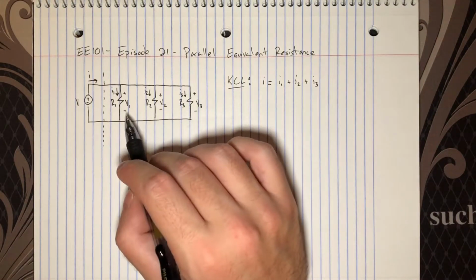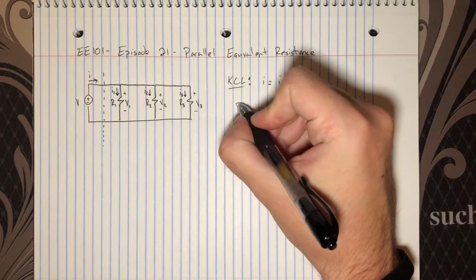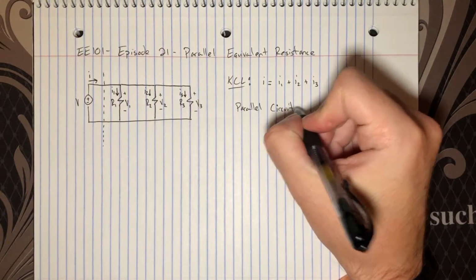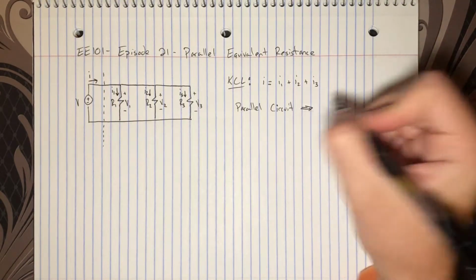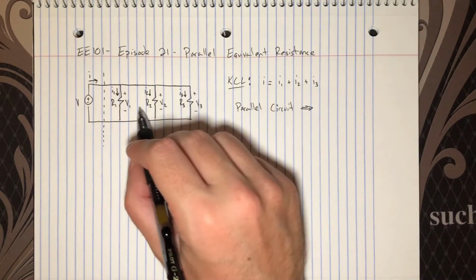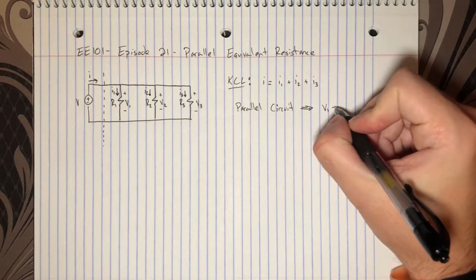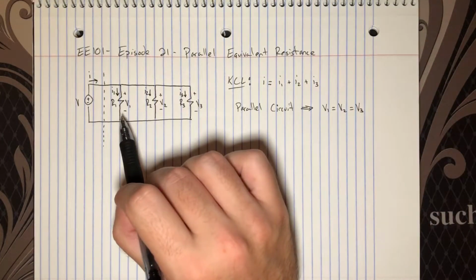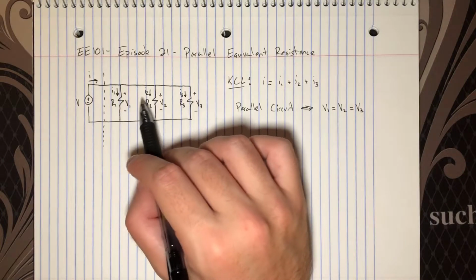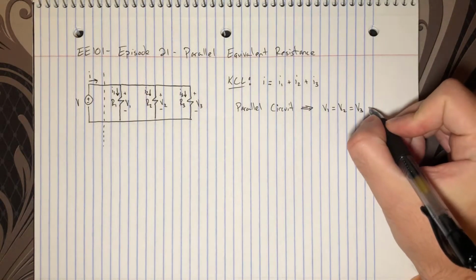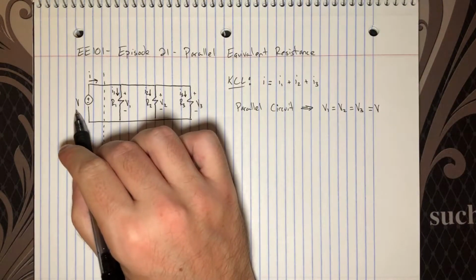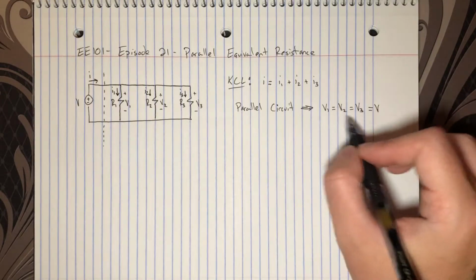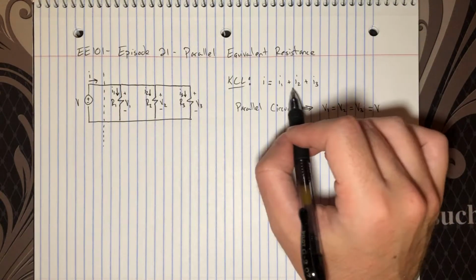In fact, because this is a parallel circuit, we actually know already that all of these voltages are equal. V1 equals V2 equals V3. So all the elements in a parallel circuit have the same voltage across them, and this is all equal to V, which is the source voltage here. So at this point, with this knowledge in mind, now let's approach this KCL.